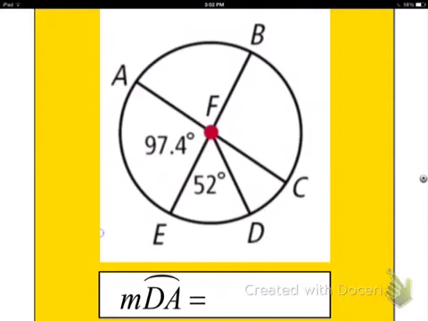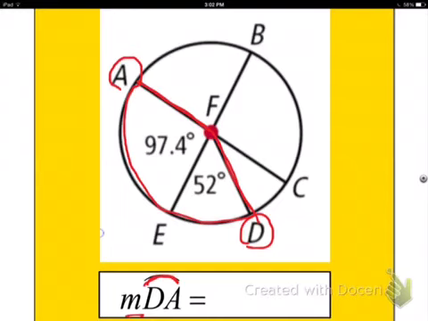If I want to find the measure of arc DA, there's your arc symbol, I'm going to go the shortest route from D to A, so I'm going to go counterclockwise. Now notice I have two angles together here that form that arc. So what I have to do is add those together.